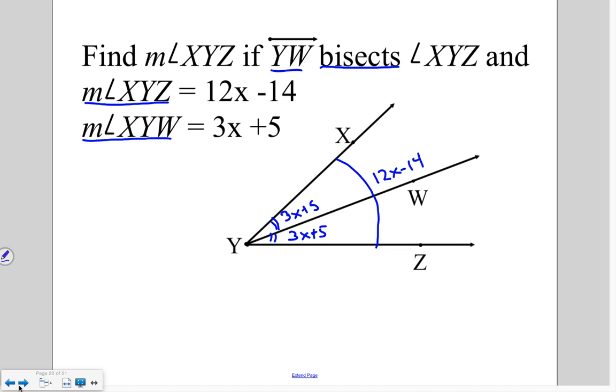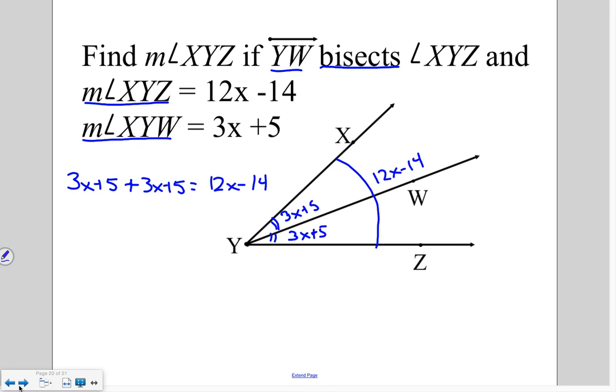So we could use angle addition here to set up an equation, right? And we could get the 3x plus 5 plus 3x plus 5, or we could just do 2 times 3x plus 5 to get the same thing. I like to add it together just because it keeps things consistent. So I'm going to write these down. 3x plus 5 plus 3x plus 5 equals 12x minus 14.